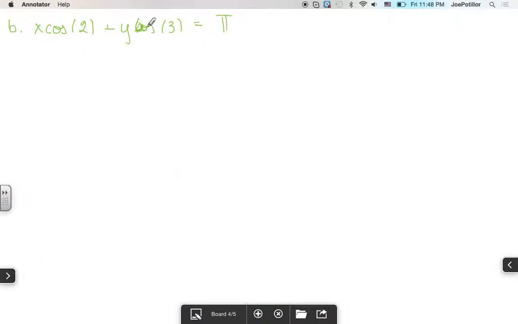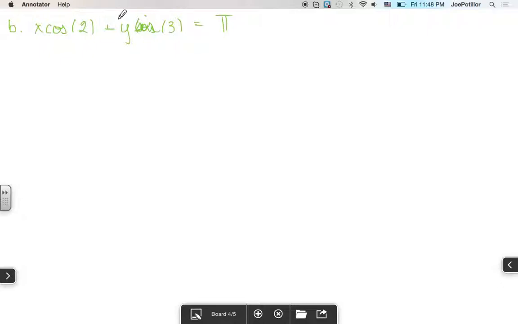This should be sine of 3. Now, if the x was inside of this, if the x was inside and the 2 on the outside, it wouldn't be linear. But because the x is on the outside, cosine 2 is just a constant.